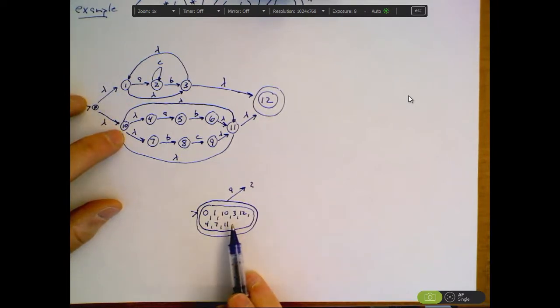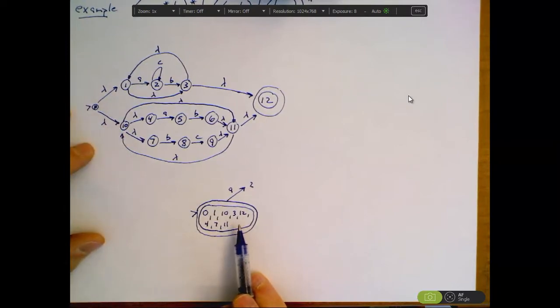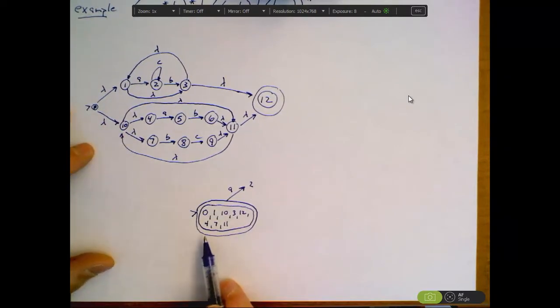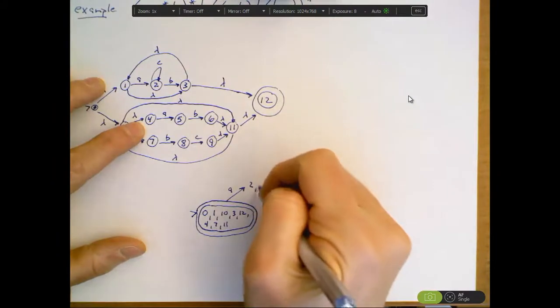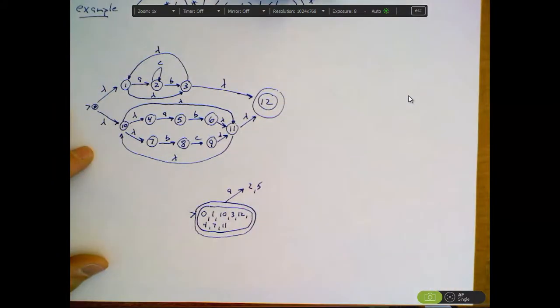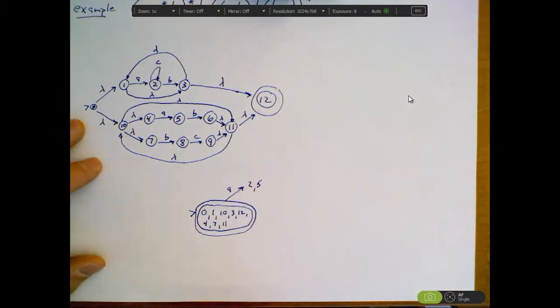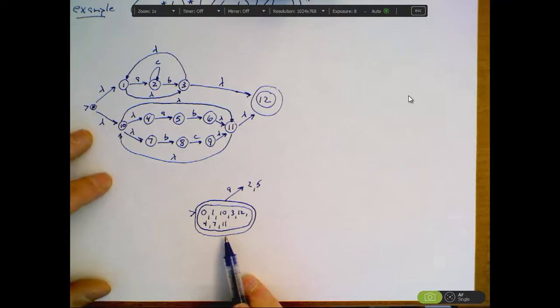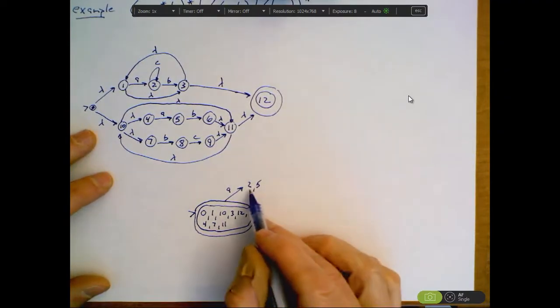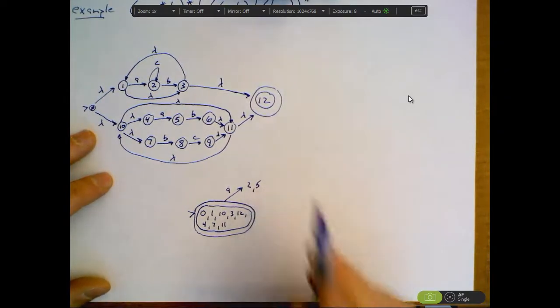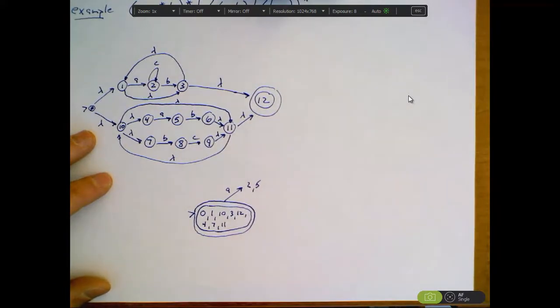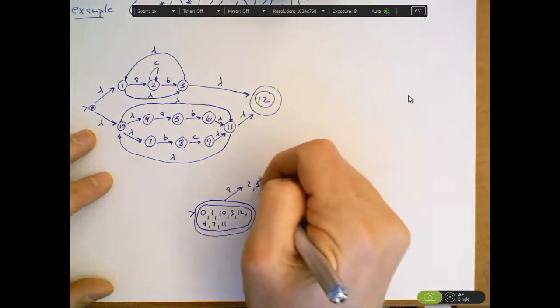State 3 on an A, can't get anywhere. State 12, can't get anywhere. State 4, I can get to 5. State 7 on an A, can't get anywhere. State 11 on an A, can't get anywhere. So state 2, 5 is going to be in the new machine. Neither 2 nor 5 is a final state, so this is just a normal state.